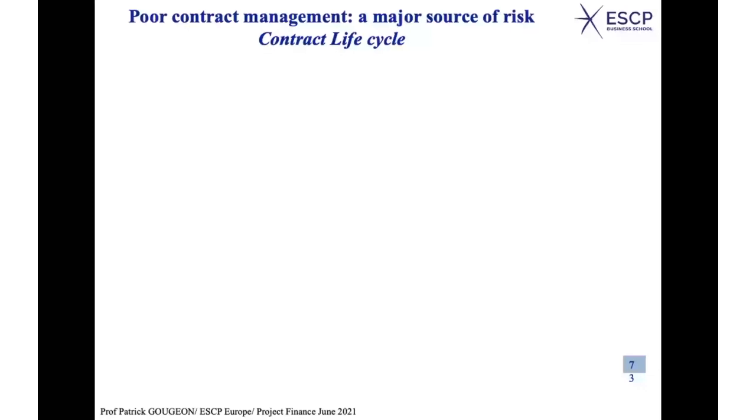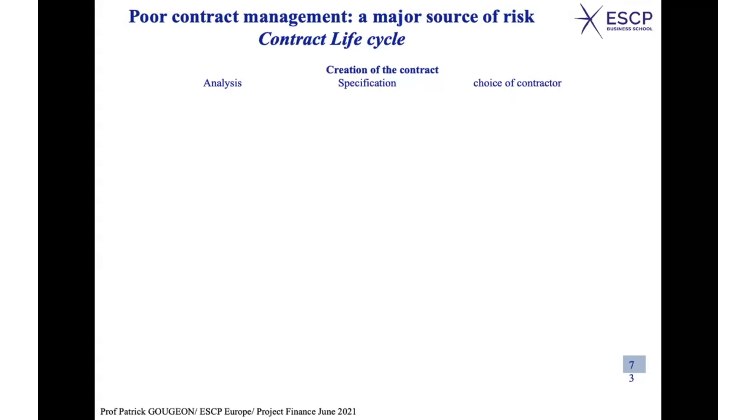So the contract life cycle is made of two phases: the creation of the contract, with analysis, specification, and choice of the contractor. Once the contractor is chosen, you have the second phase of the contract life cycle, which is the management of the contractual relation.